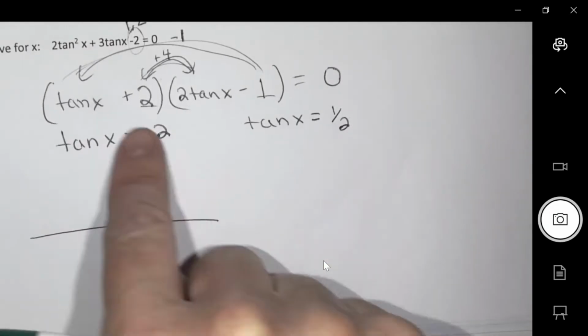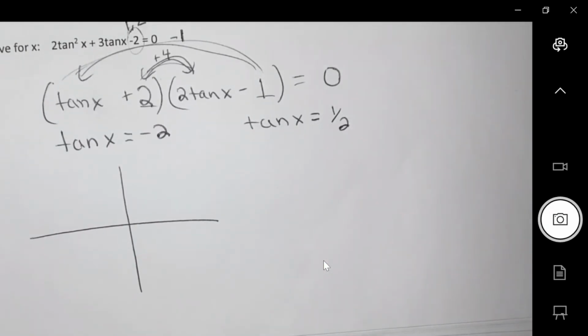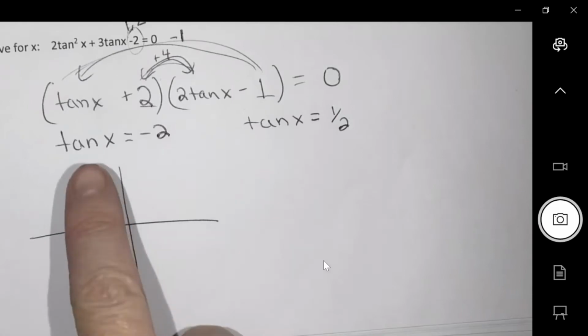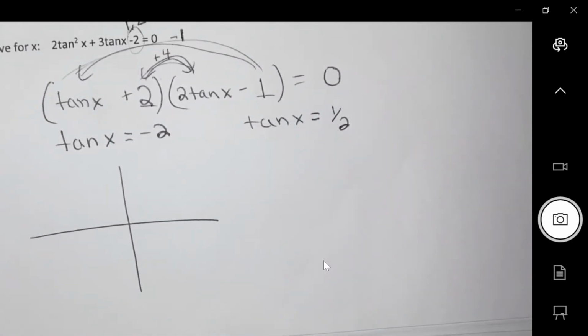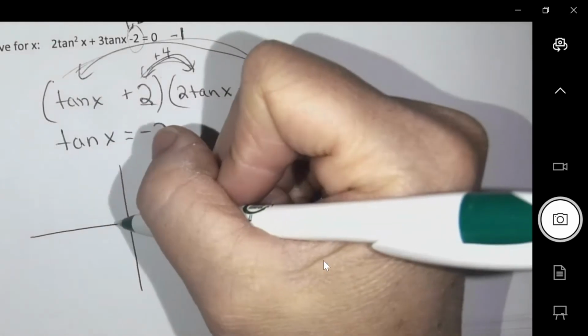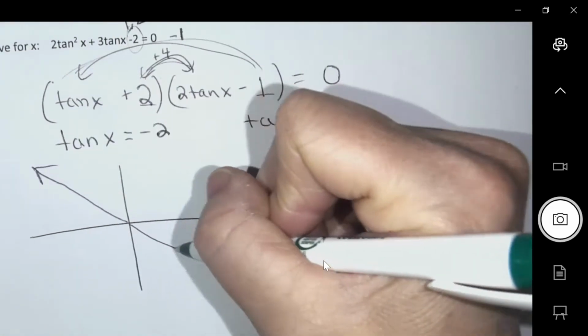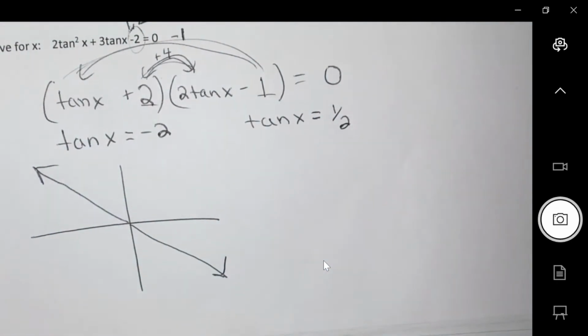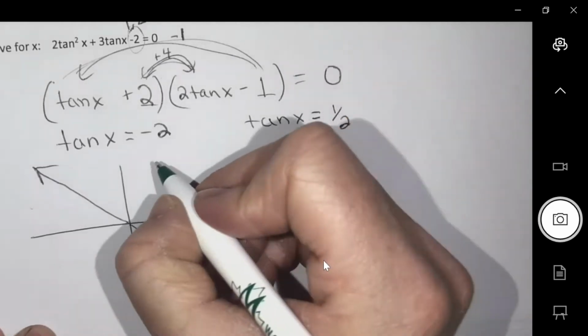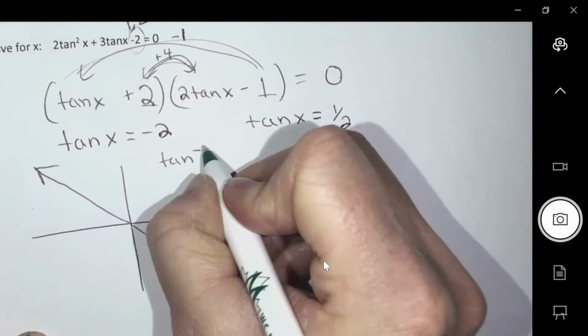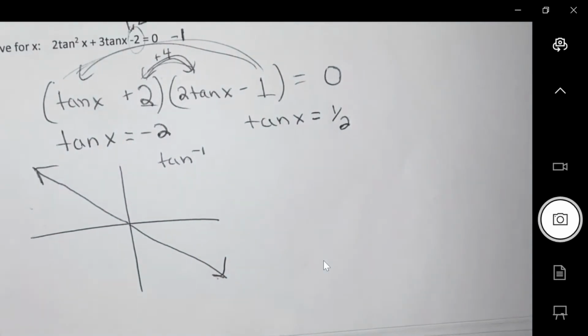Okay, my first question for you is: where am I if tan of the angle is negative? Which 2 quadrants would it be negative in? An angle in quadrant 2 and in quadrant 4. Second step, can you get me a reference angle? So now, we know when we need an angle, we use tan inverse.